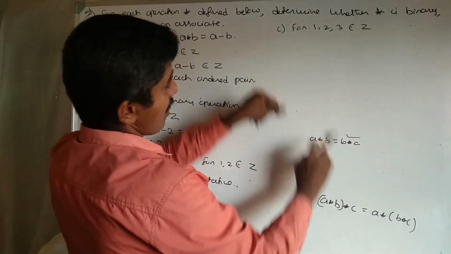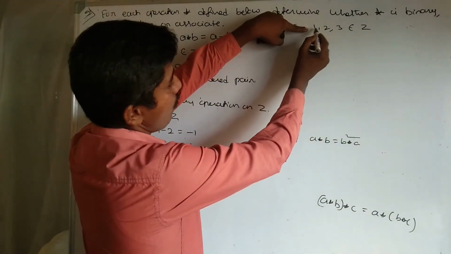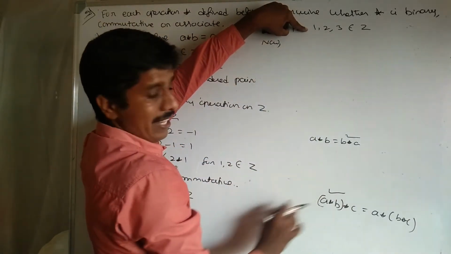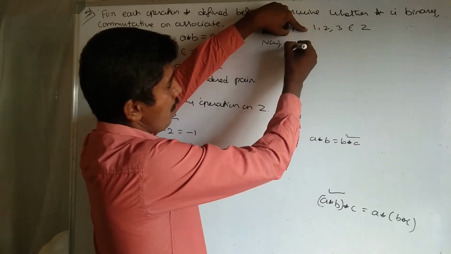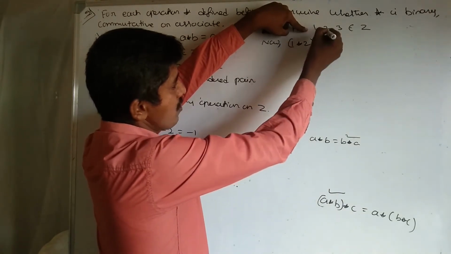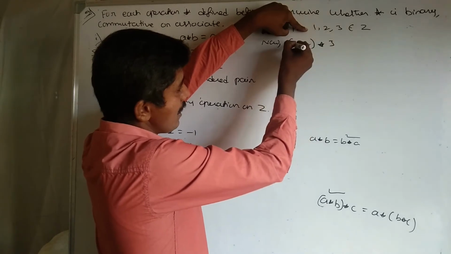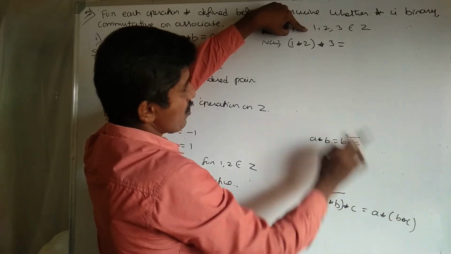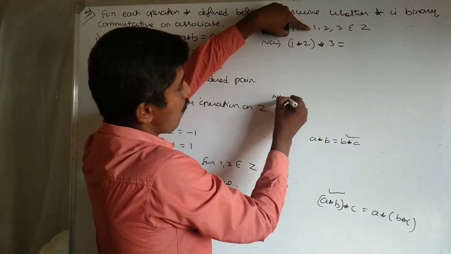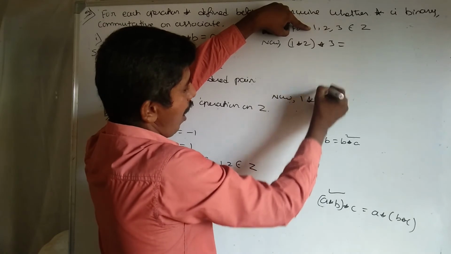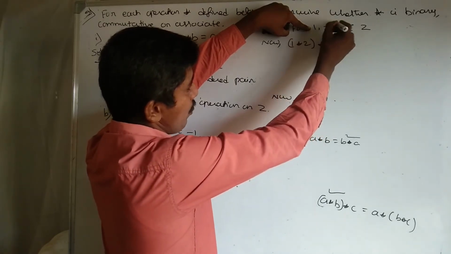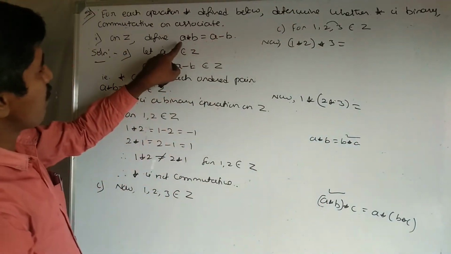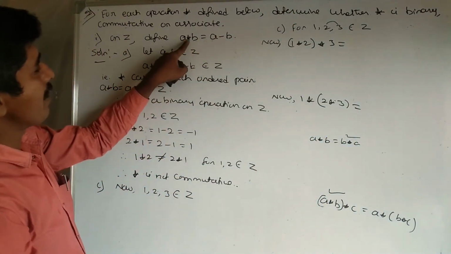For the LHS, (A star B) star C, here A equals 1, B equals 2, C equals 3. I am taking them in order. The LHS is (1 star 2) star 3. Next, the RHS is A star (B star C), which is 1 star (2 star 3). The binary operation is defined as A star B equals A minus B, so replace star by minus.